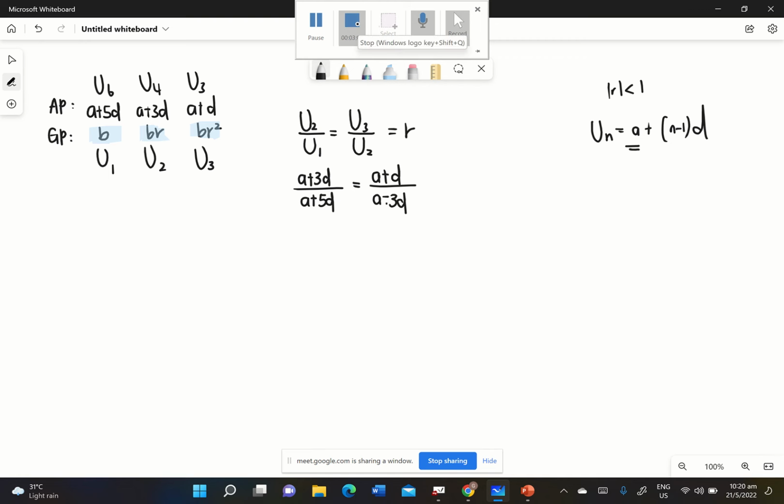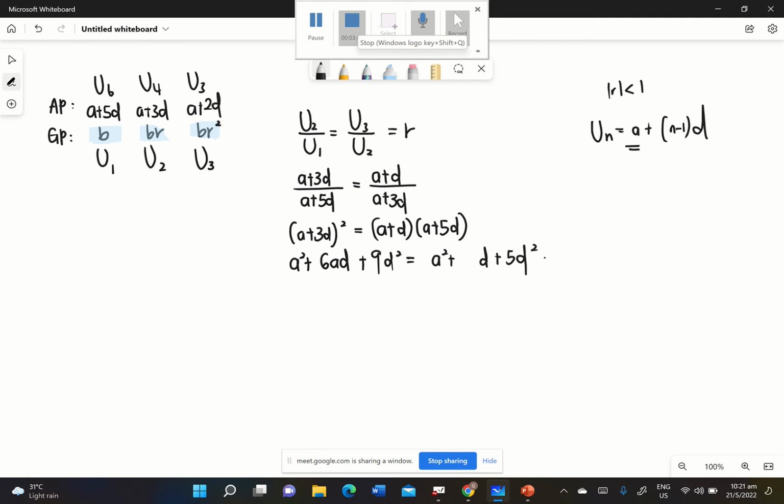Can you follow? For all those consecutive terms, do this. Then you cross multiply and solve. This is the easy one. Sorry, my bad here, this should be 2D.